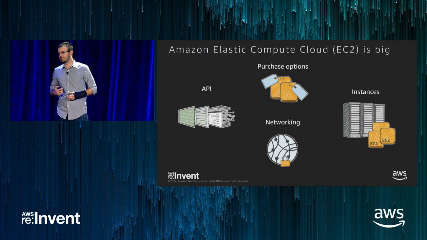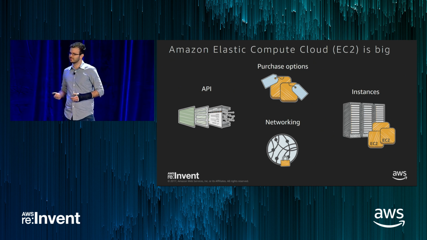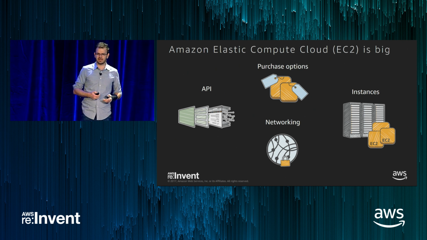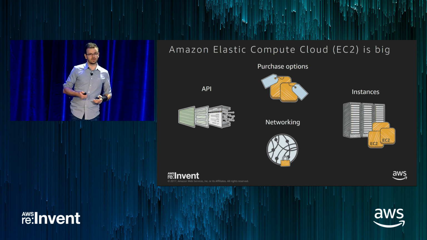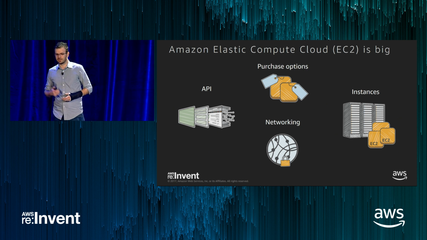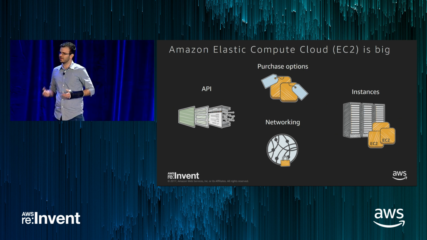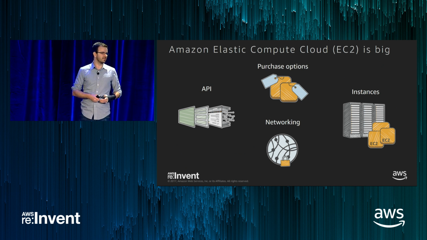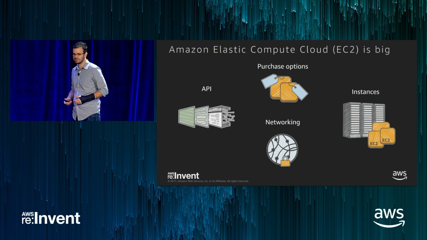But today, I'm going to primarily focus on the instances themselves, how they work, the features that they have, and the options that you have when you go to launch them. For all those other topics, you can find a lot of other sessions here at re:Invent that are going to go a lot deeper than I can into those other ways of managing EC2 and the other components of EC2.